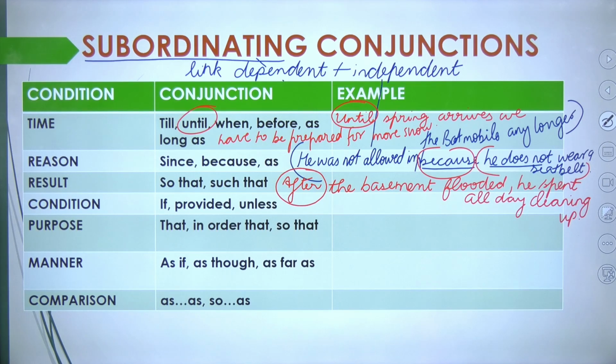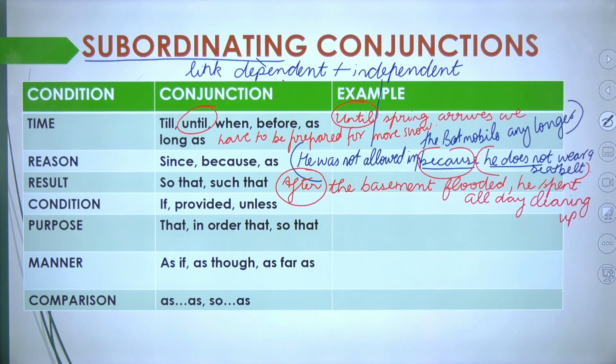We went to our seats as soon as the professor arrived. Again, time context. When you give a reason or purpose, you can use in order that, so that. Any of these, depending on the context, what you want to show.